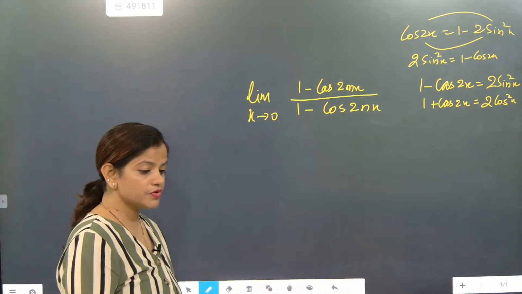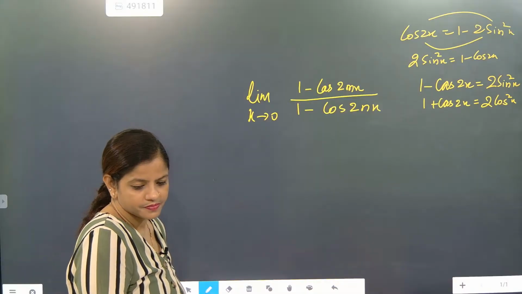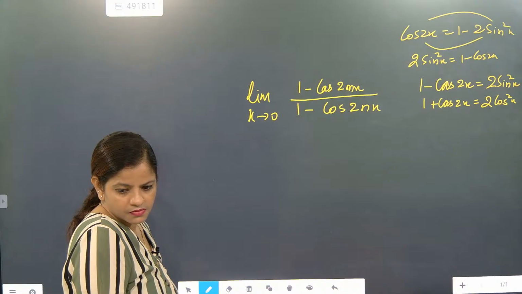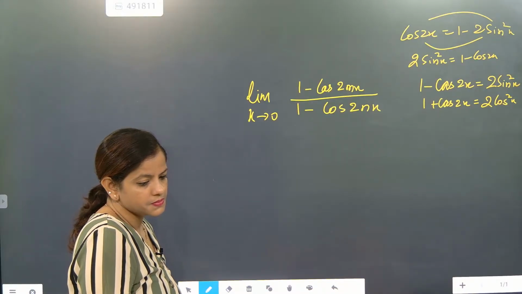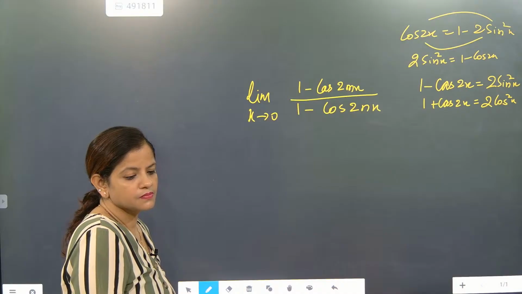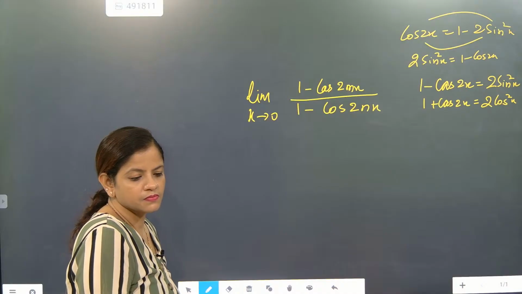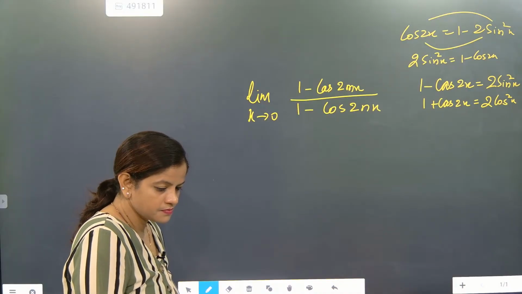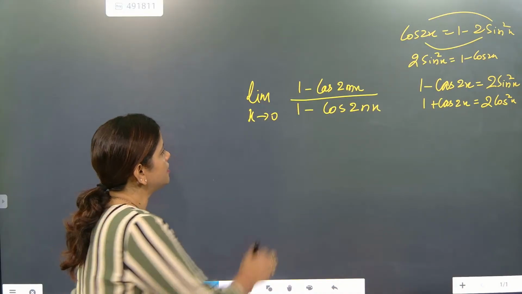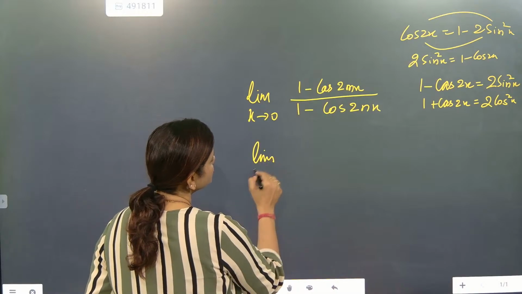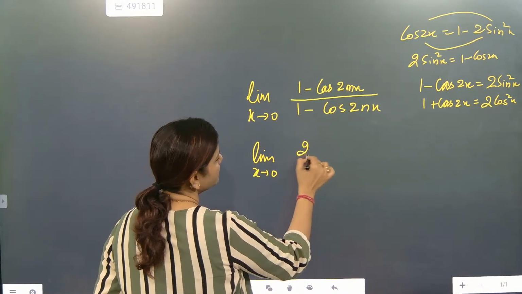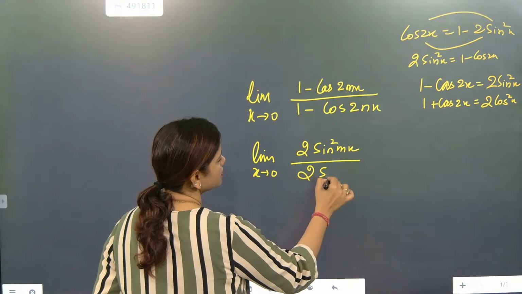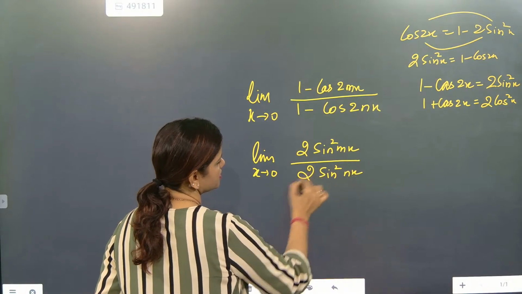Now try solving this question. This is seriously a good question. Look here. First, you convert it into sine, one by one. It will become 2 sine square mx by 2 sine square nx.